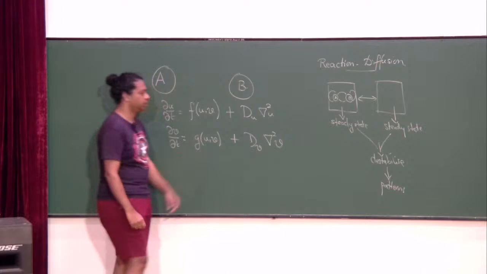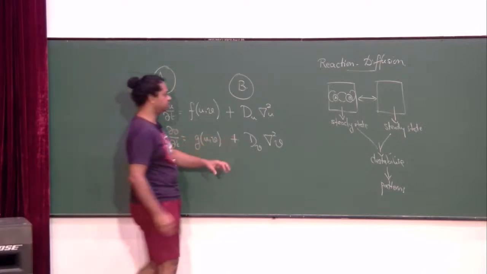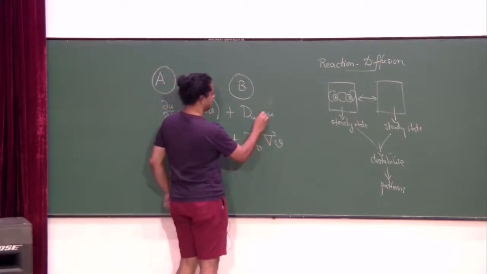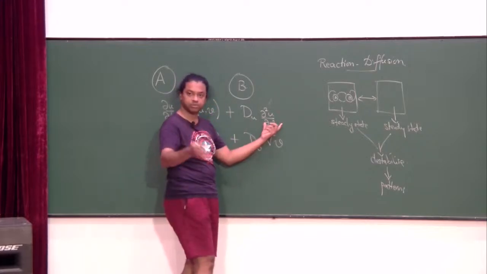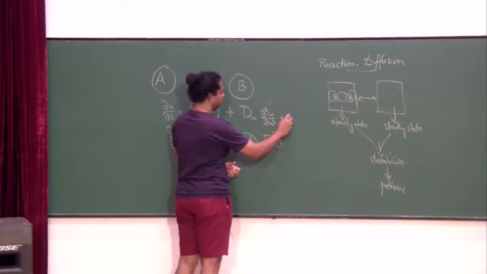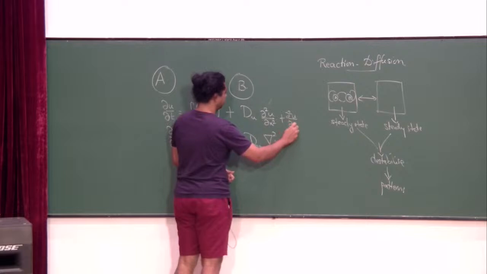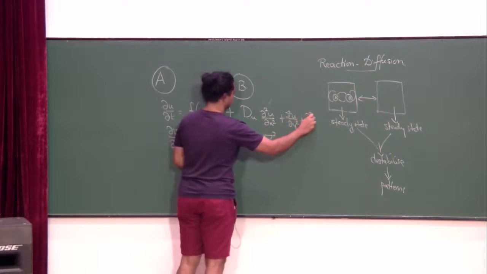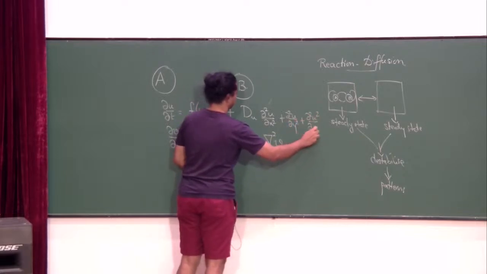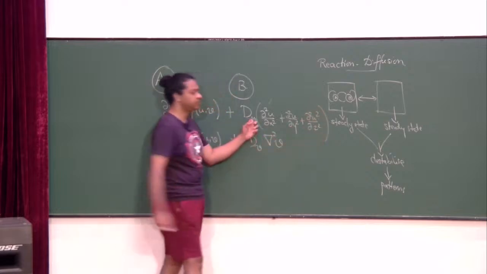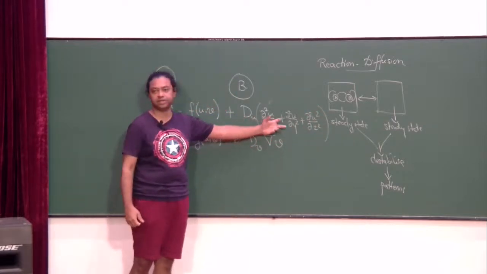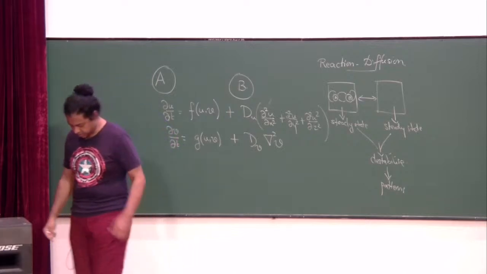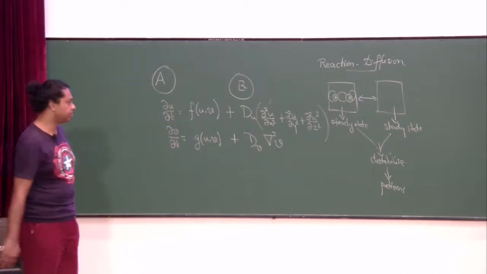For those of you from a biological background, you can think of this as nothing but del 2u del x2. If you are diffusing in 2 dimensions, it would be del 2u del x2 plus del 2u del y2. If you were diffusing in 3 dimensions, there would be a del z2. So the structure of the equation stays the same. It's just that depending on the spatial dimensionality, you have these partial derivatives in all the dimensions.